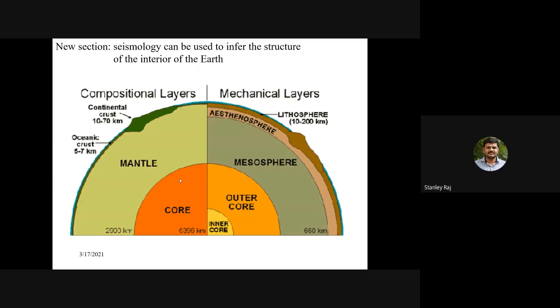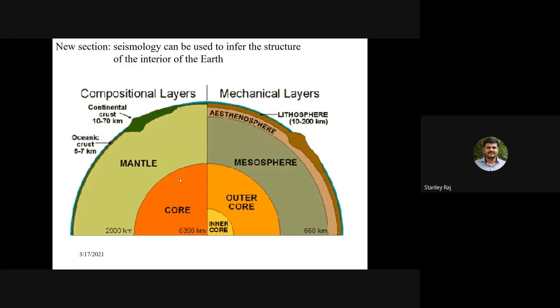So seismology can be used to infer the structure of the interior of Earth, that is, the compositional layers. What is the composition and what are all the layers found in between? On the top surface, we have the continental crust, which is 10 to 70 kilometers, and the oceanic crust, which is 5 to 7 kilometers. The lithosphere is the layer of rocks, 10 to 200 kilometers.